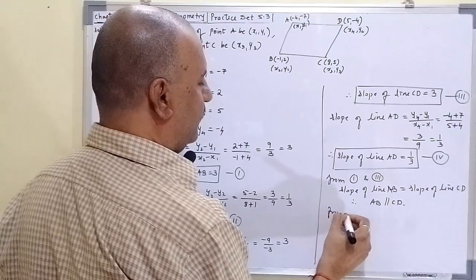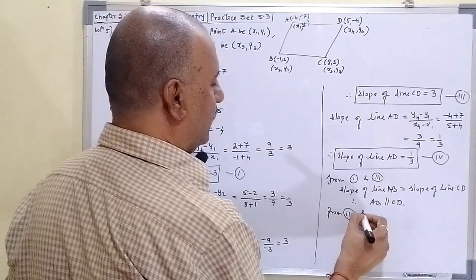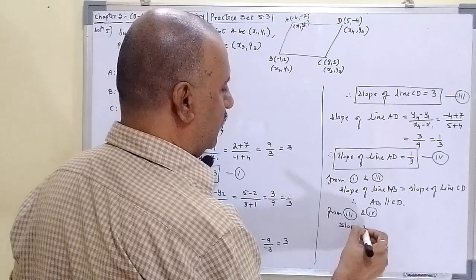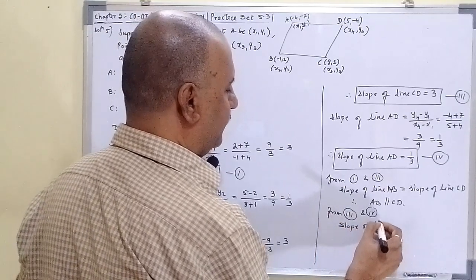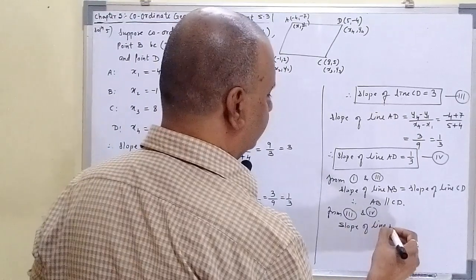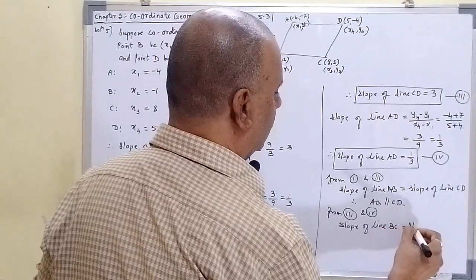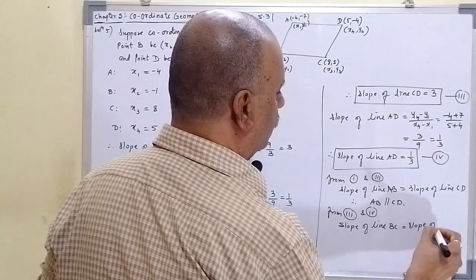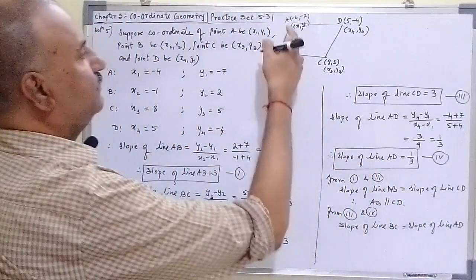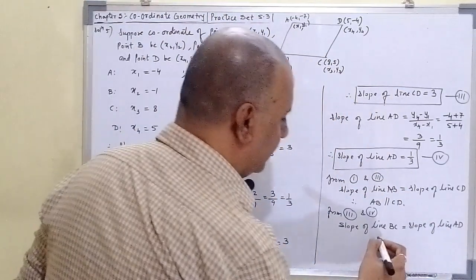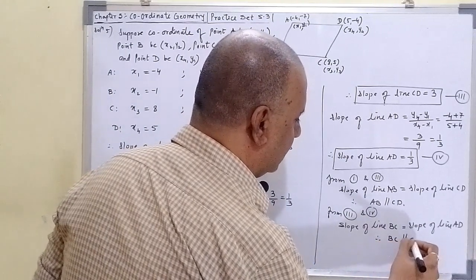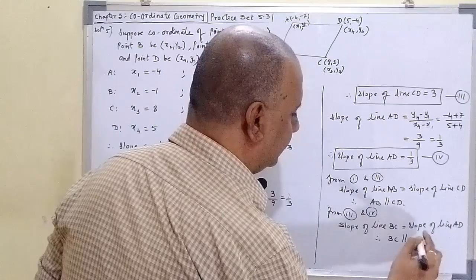From 3 and 4, slope of line BC equal to slope of line AD, BC and AD. Therefore, BC is parallel AD.